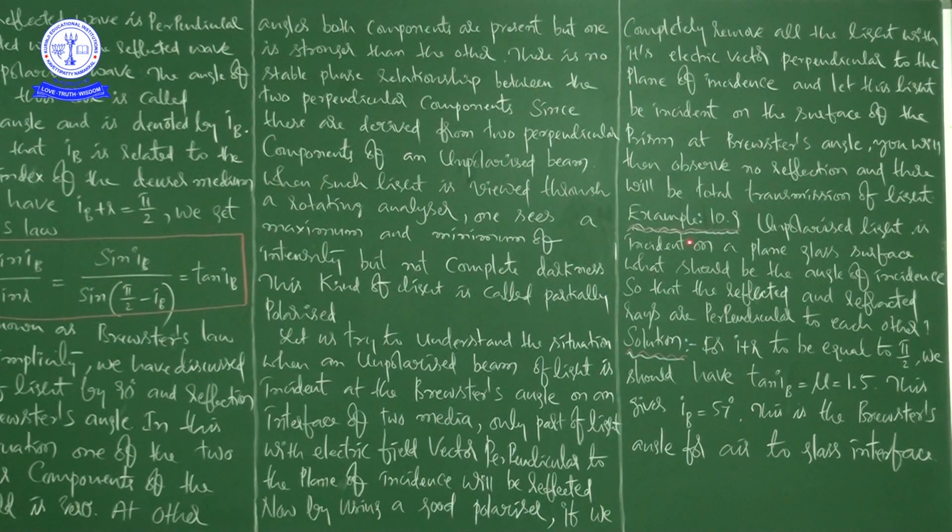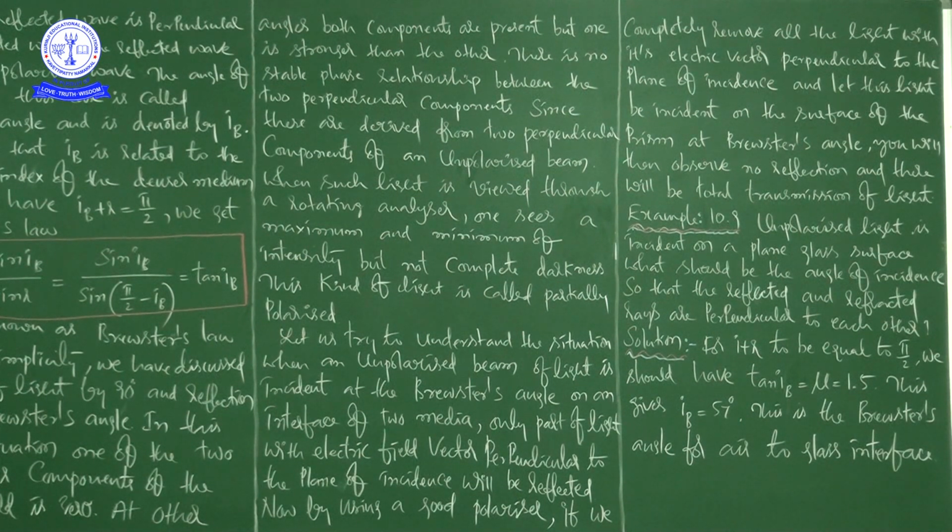Unpolarized light is incident on a plane glass surface. What should be the angle of incidence so that the reflected and refracted rays are perpendicular to each other? So it is a mathematical treatment.